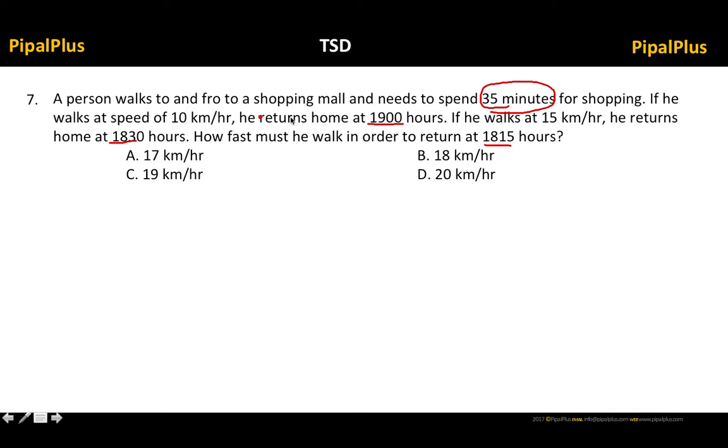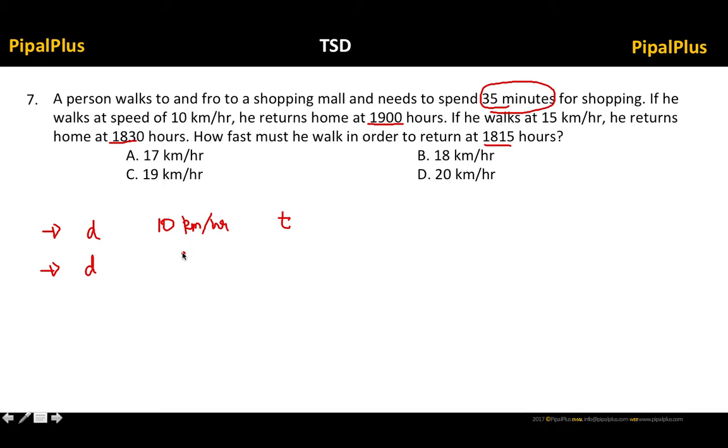So basically, if I were to simplify these three situations, the distance from home to the shopping mall remains d in all the three situations. But in the first situation, let's say he covers this distance, the to and back distance, at a speed of 10 kilometers per hour, and takes time t. Now in the second situation he still covers this distance d, but faster.